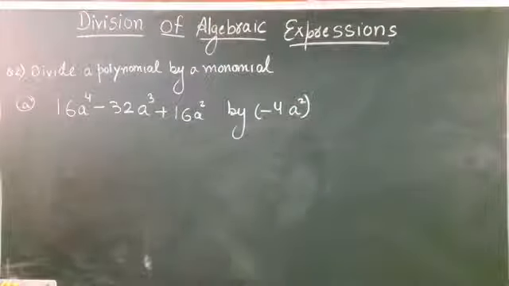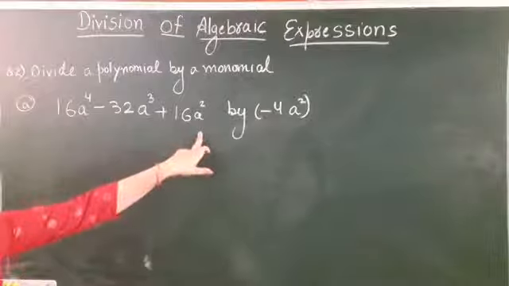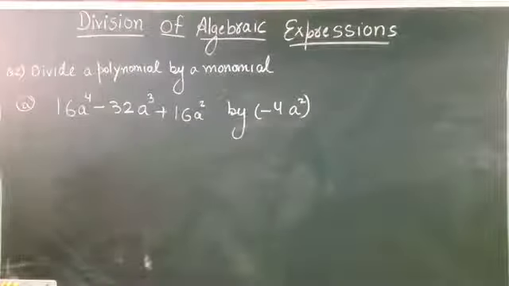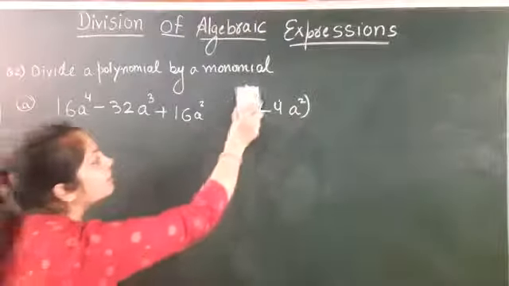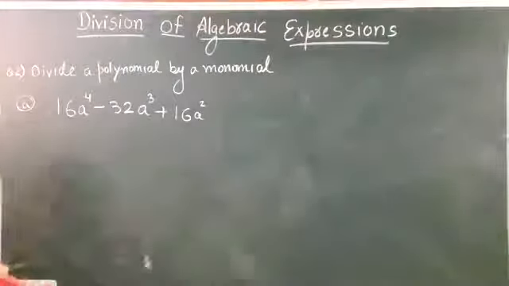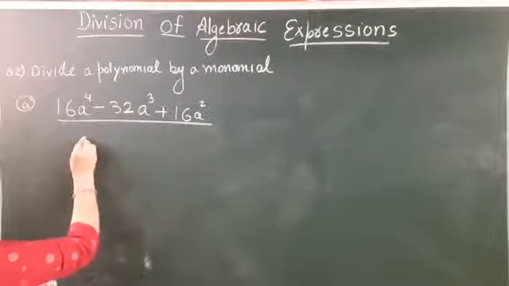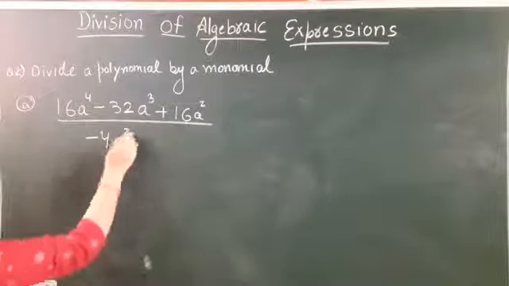Here you have to divide this polynomial by this monomial, right? So I am removing it from here and I will write it in the denominator because we have to divide. So it will now be written in the denominator.